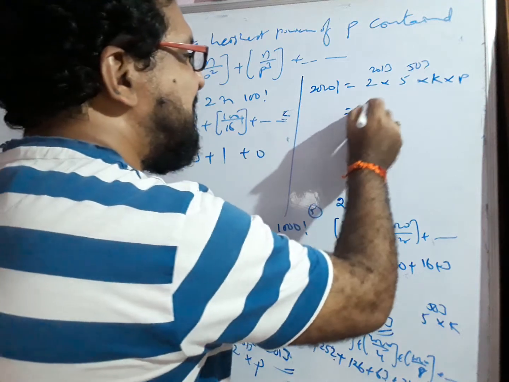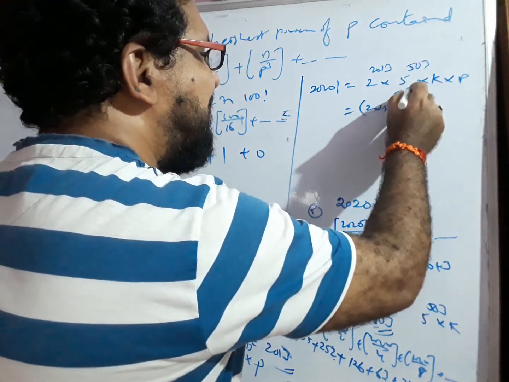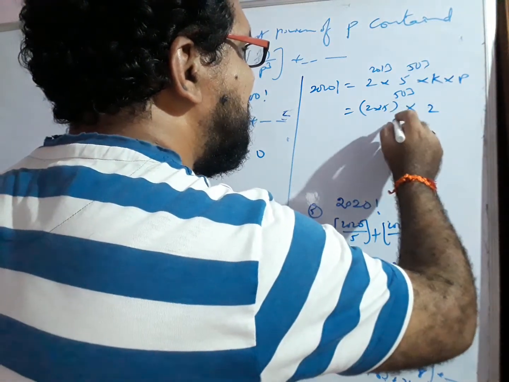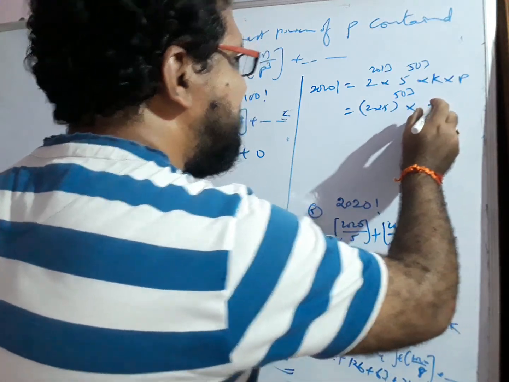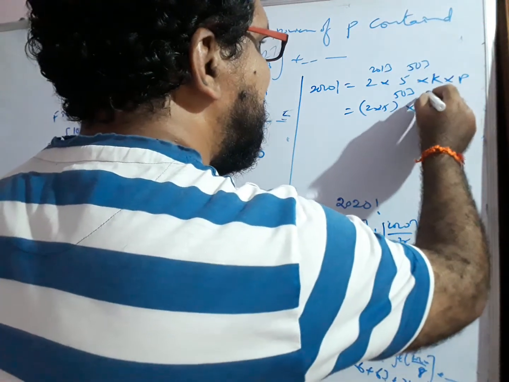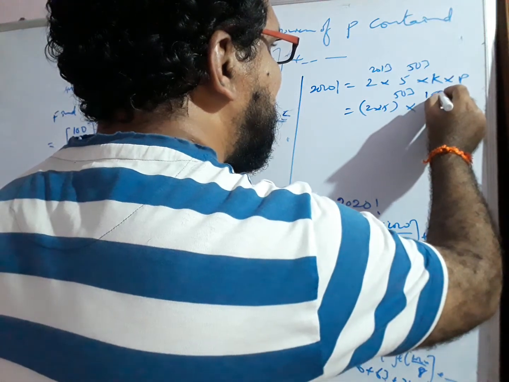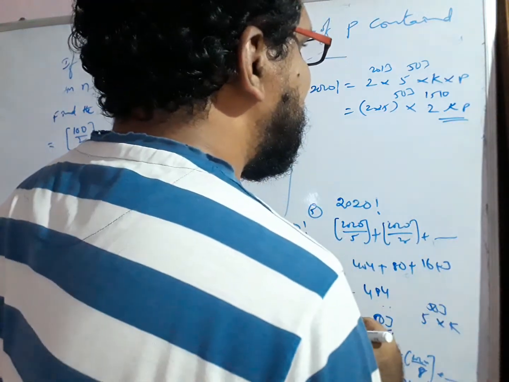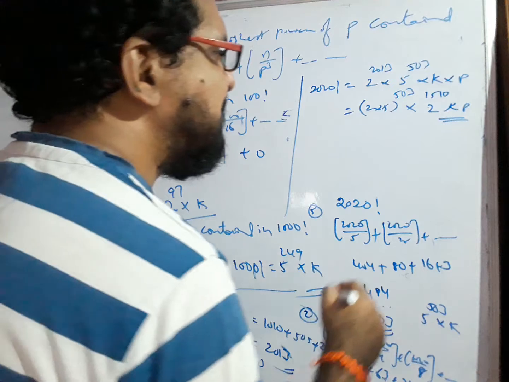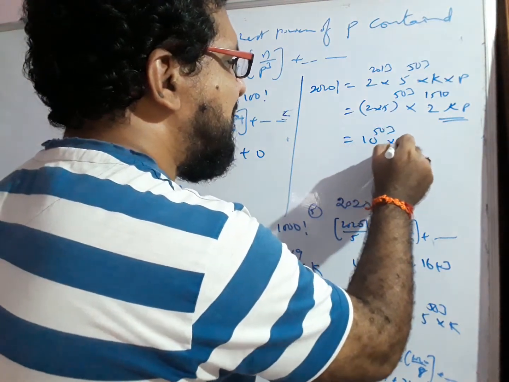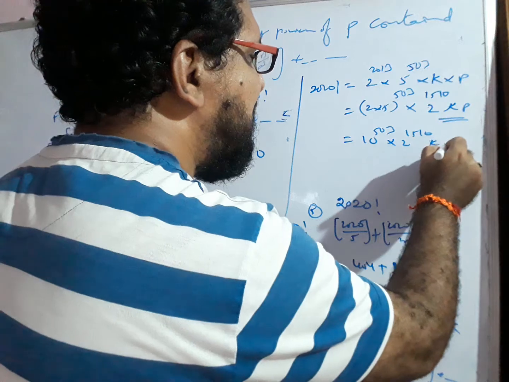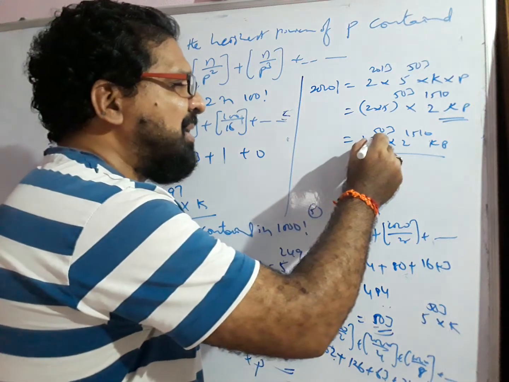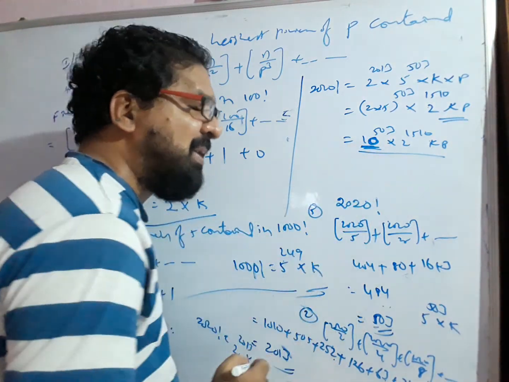So this is 2 into 5 whole power 503, into 2 power the remaining, 2013 minus 503, that is 1510, into k. So this is 10 power 503 into 2 power 1510 into k. Therefore, the number of zeros at the end is how much? 10 power 503 means a number followed by 503 zeros.